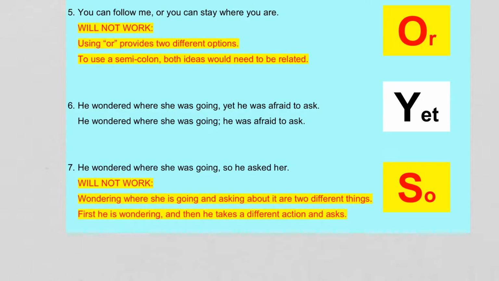It could be 2 actions that could happen together, but here we have 2 options that can't happen together. Let me read this example.